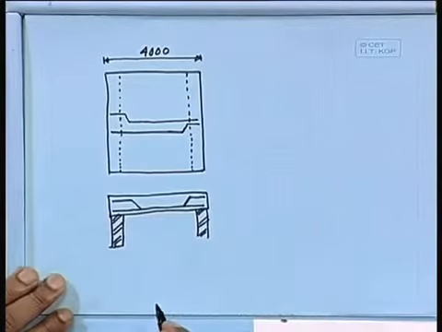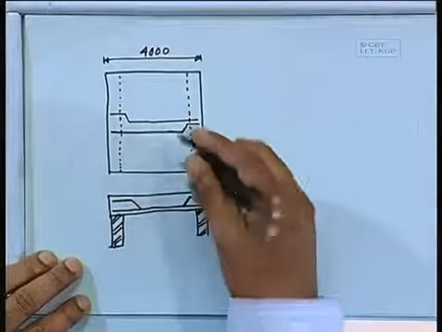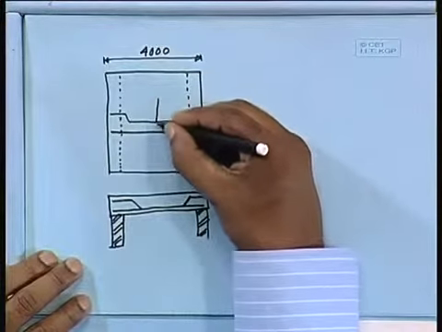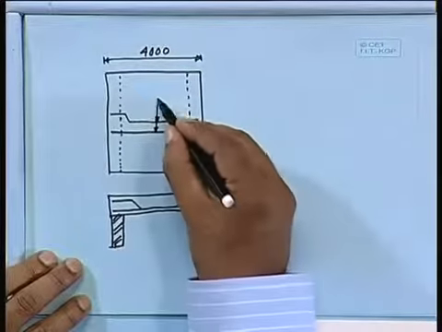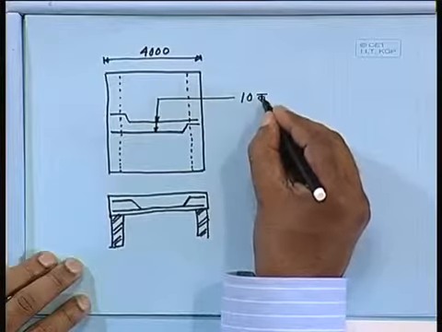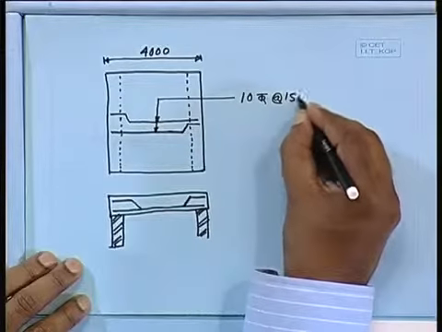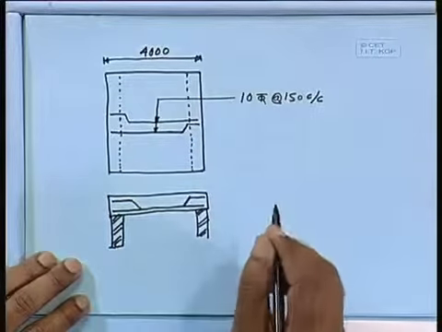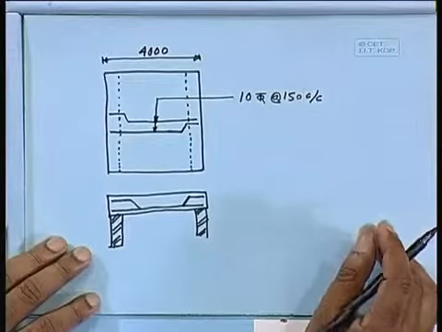This is your reinforcement, and it will keep on going like that. Here, because we want the simply supported case, we want this one as 10 torr at the rate of 150 center to center.